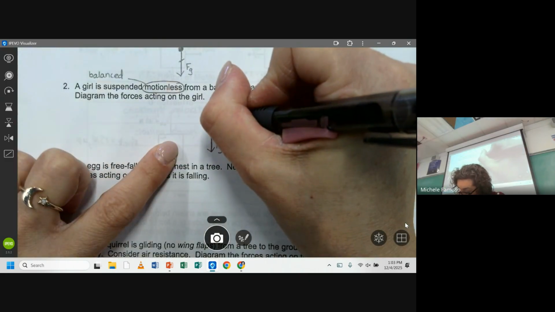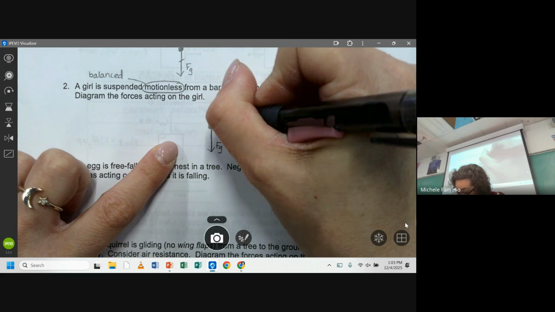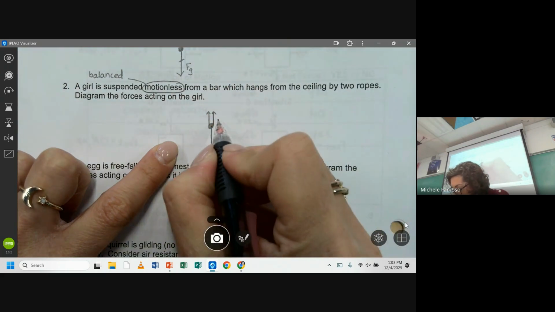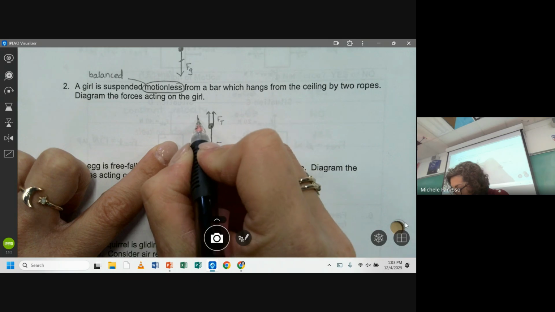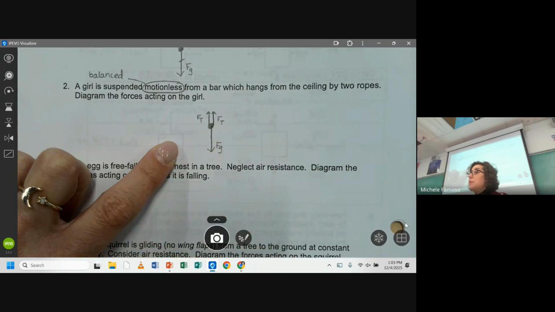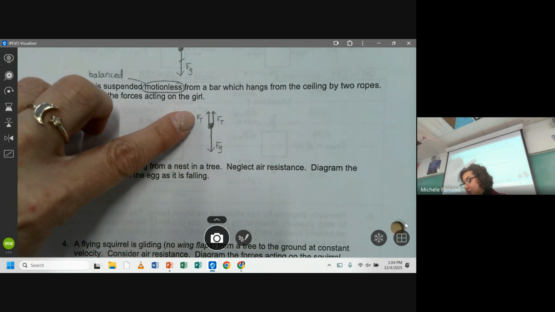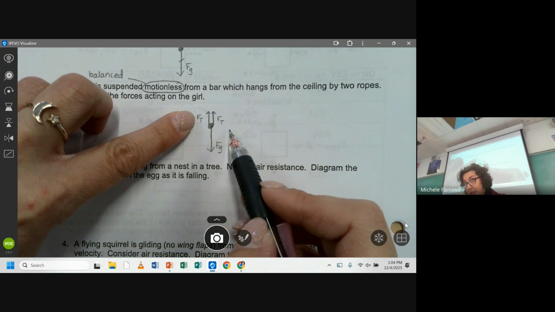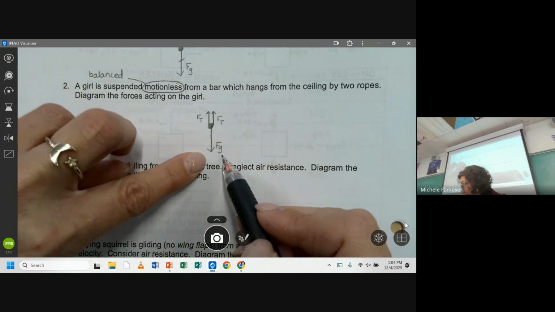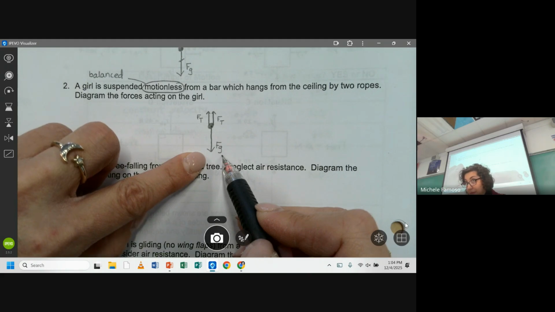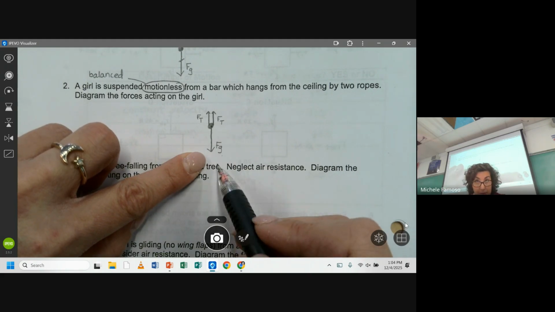Okay, here, watch this. There's 2 of them. So I need 2 arrows going up. But do you notice that I am not drawing them as large as the force of gravity? Here's why. These 2 arrows, when I add their lengths together, should equal the length of the FG arrow. That way they would balance.